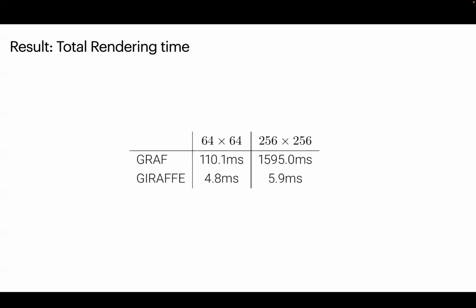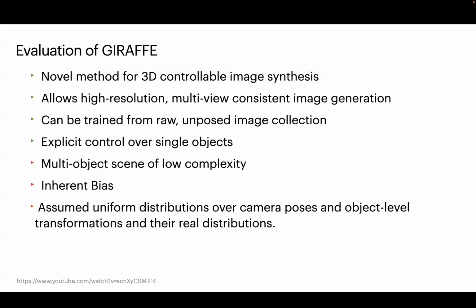That's a really significant decrease of rendering time, and I would say it's mostly contributed by the feature field representation instead of the color representation. That would really lower all the parameters needed to learn and give a better rendering time.